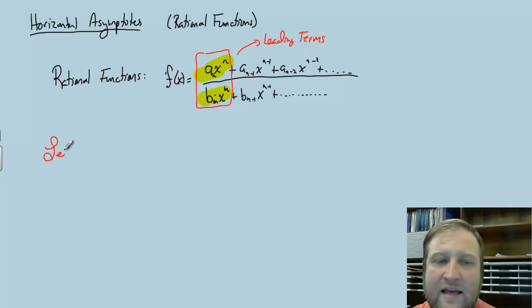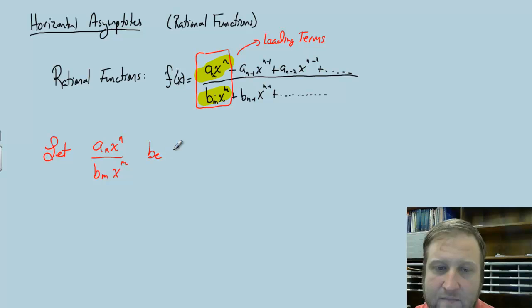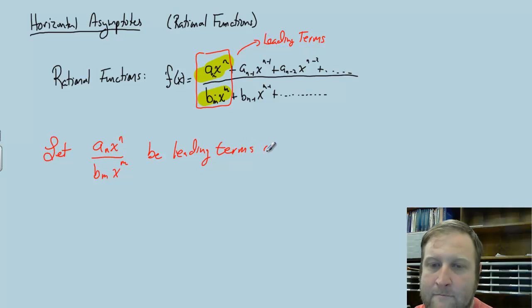We're going to say let a sub n x to the nth power divided by b sub m x to the mth power be the leading terms of our numerator and our denominator, so they'll be the leading terms of our rational function.